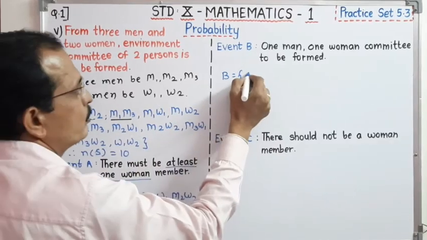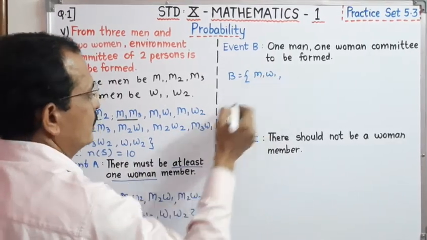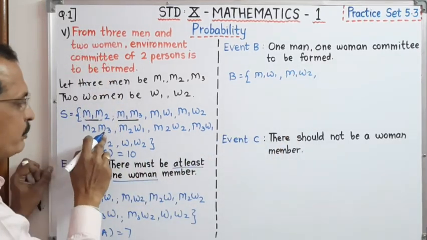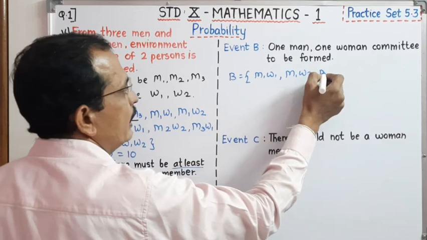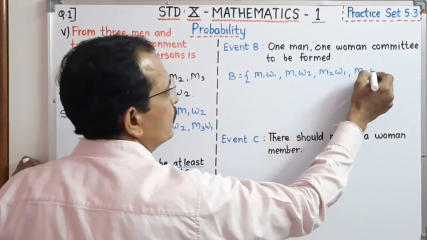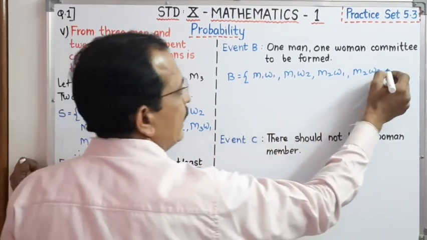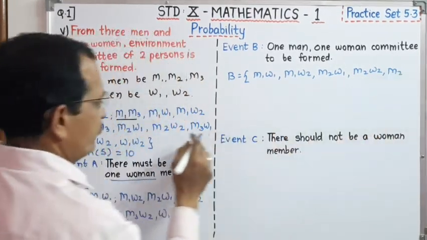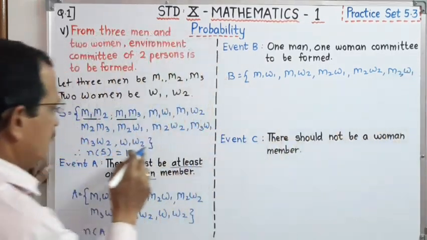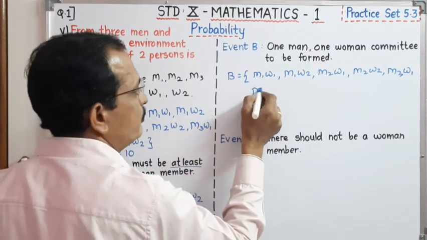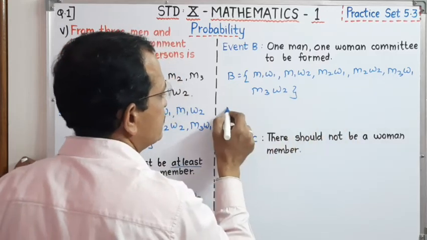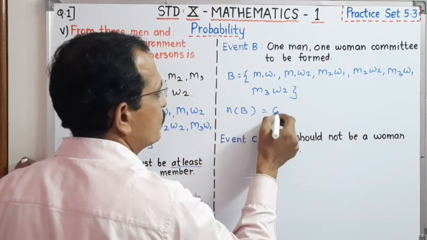Here it is M1 W1, M1 W2, M2 W1, M2 W2, M3 W1, M3 W2. 1, 2, 3, 4, 5 and 6. Number of B is equal to 6.